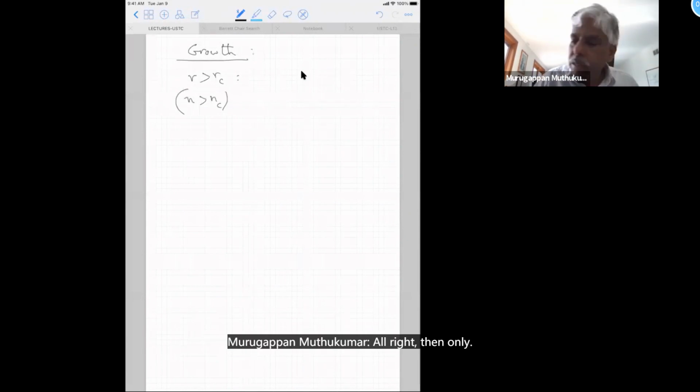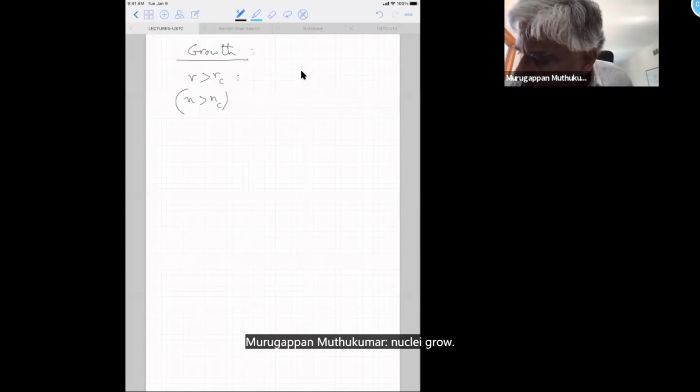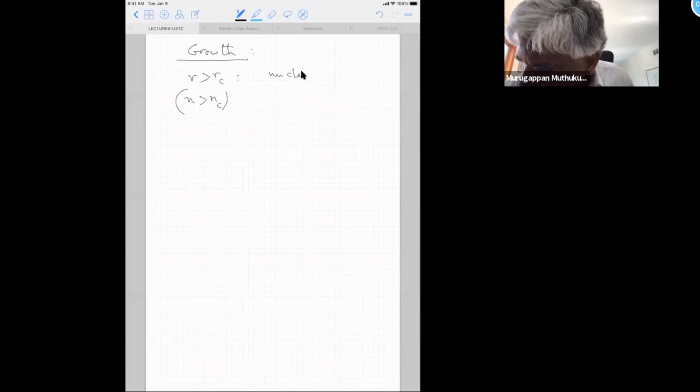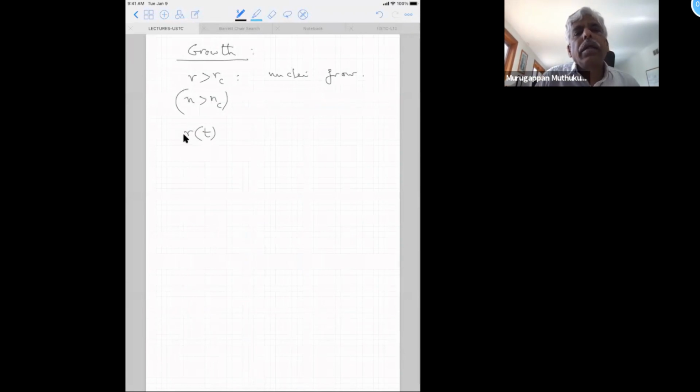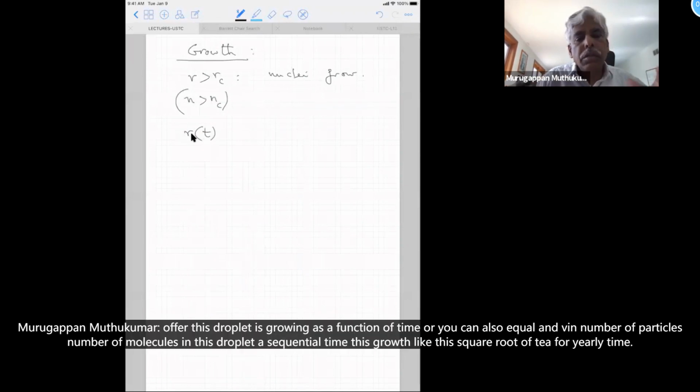Then only nuclei grow. Otherwise, they don't. They'll dissolve back. Then I can monitor R as a function of T. R is a radius, right? The radius of this droplet that is growing as a function of time. Or equivalently, the number of particles, the number of molecules in this droplet as a function of time.